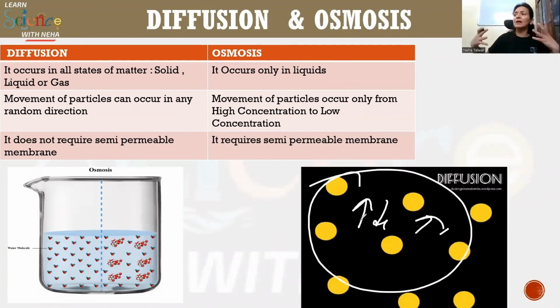For example, I am applying a perfume and you can smell it in the next room also, because the perfume particles, which are very volatile, start moving randomly here and there. But in osmosis, it will occur only from higher concentration towards lower concentration of liquid and through a semi-permeable membrane, which is not required in diffusion. So these are the points of difference between osmosis and diffusion.